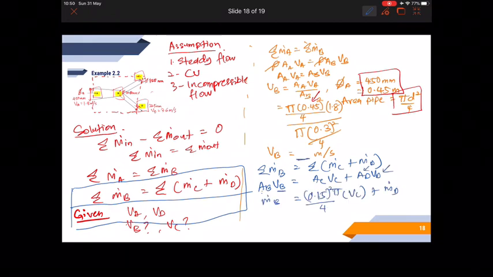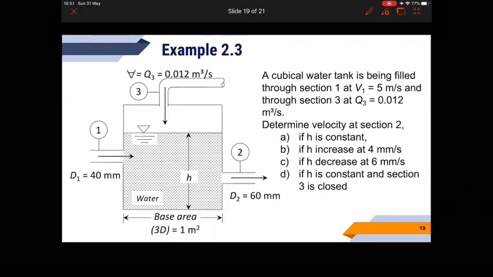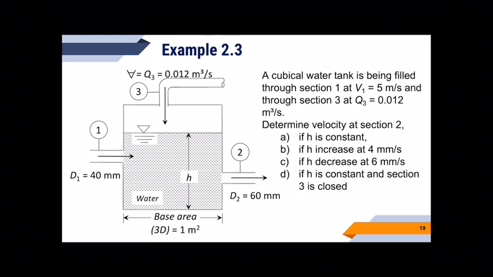So simply mathematics, VC is equal to m dot B minus m dot D divided by area of C. Then you can know VC equal to some value in meter per second. That's it.